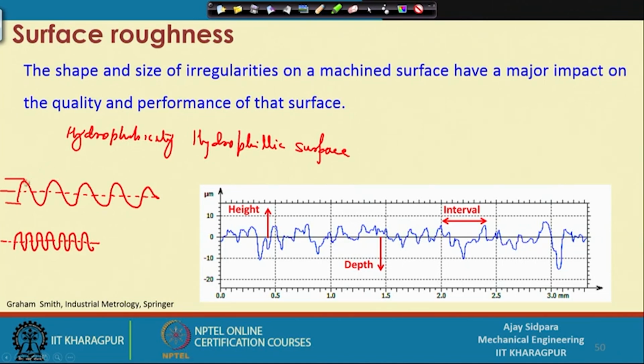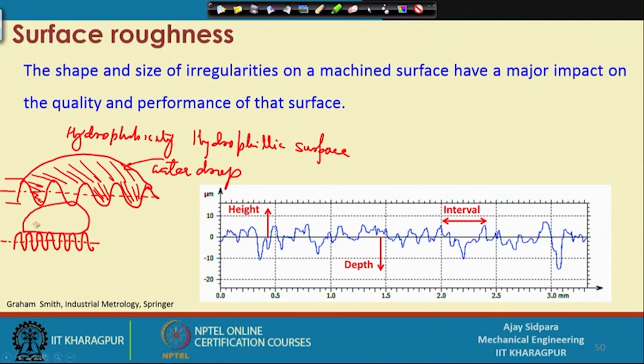Now, this is the water drop; what will happen is the water drop will actually spill and cover everything, and this will be completely filled with the water drop. So, this is the water drop. If you put the water drop here, what will happen is the water drop will stay on the surface.